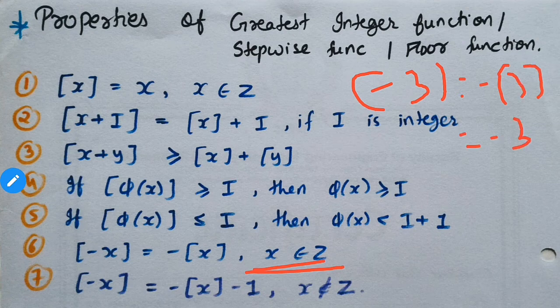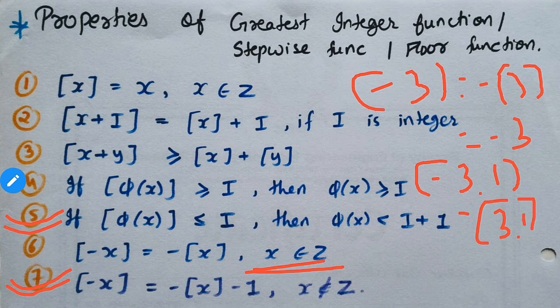Now this is also very important, this one and this one. So greatest integer function of minus x, let's take minus 3.1. So I can write minus of 3.1 minus 1. So I know greatest integer function of 3.1 is 3. So minus 3 minus 1, that is equal to minus 4.